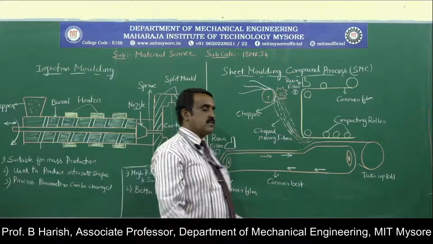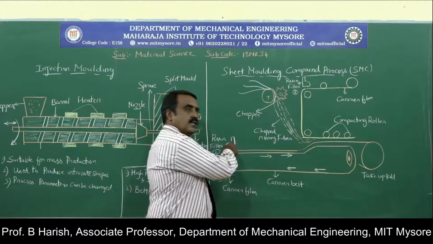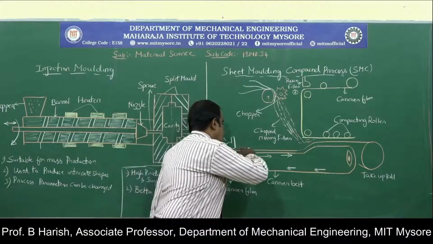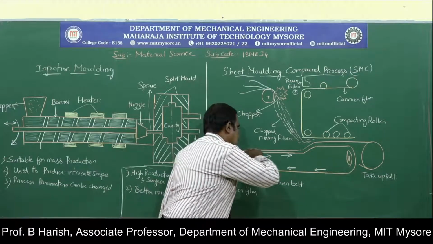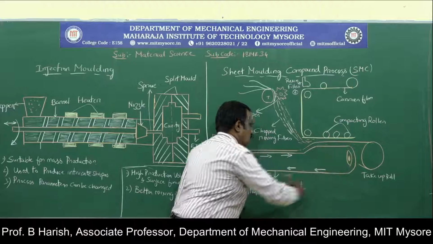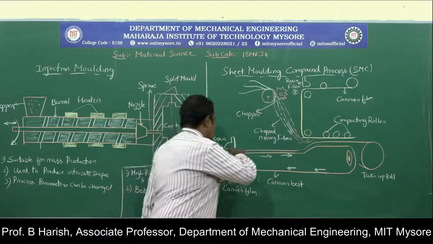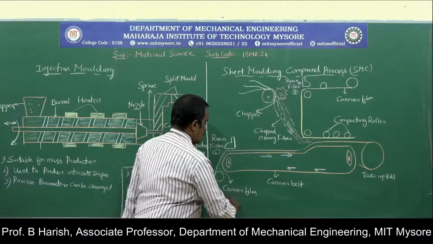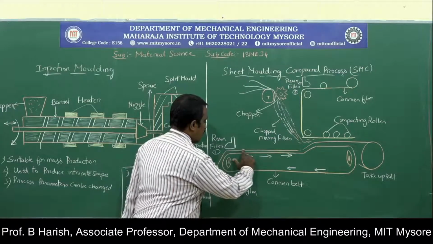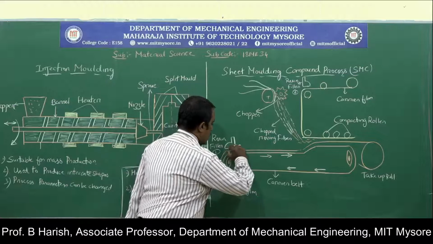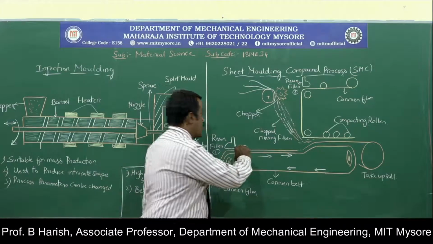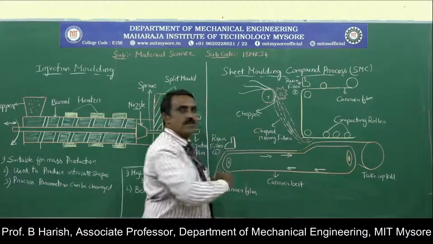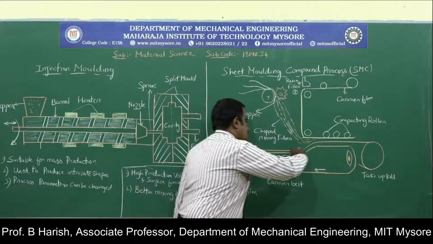To begin the process, the matrix in the resin filler will be opened and made to pass onto the carrier belt. It moves in this direction. Here you can see this portion, the carrier film. Over the carrier film, the resin, the matrix, will be made to pass. The carrier belt will move slowly, and it passes in this direction.